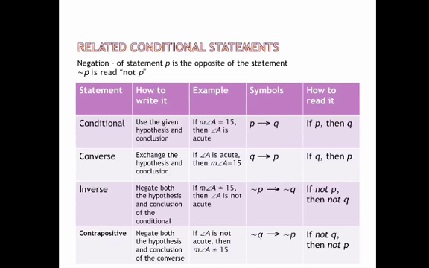Okay. Related conditional statements. The negation of a statement P is the opposite of the statement. It's read as not P, with the little symbol that we have right here.